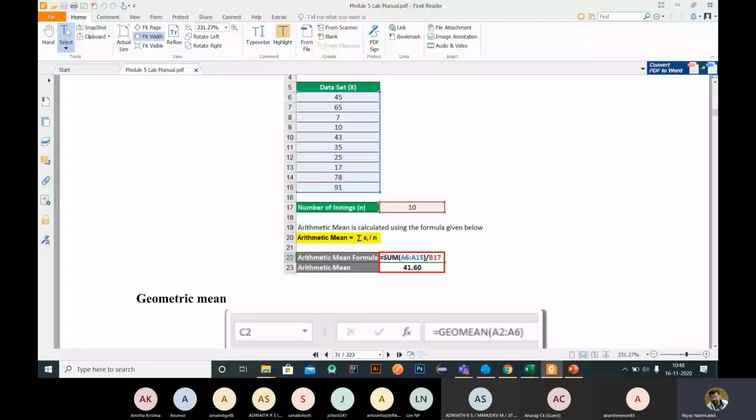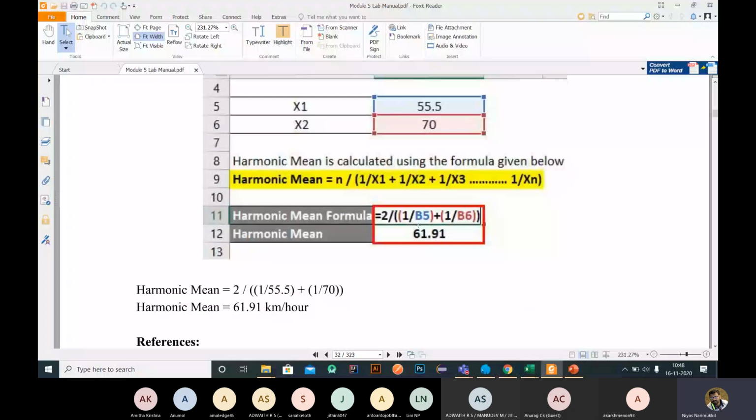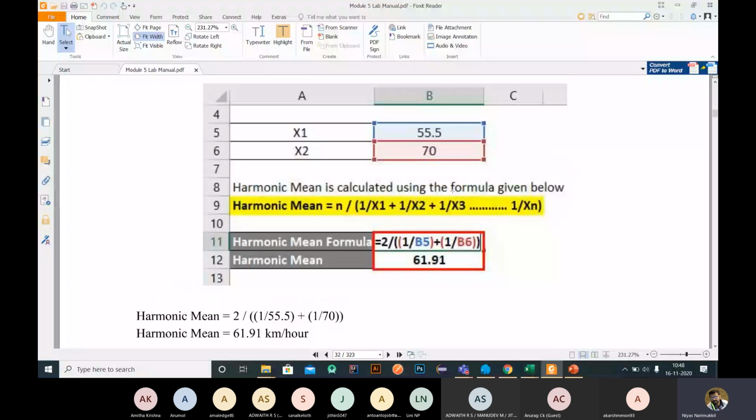There is no direct function, so you have to do it with the help of this: 2 divided by 1 by the first value plus 1 by the second value. Then we will get the harmonic mean as 61.91.